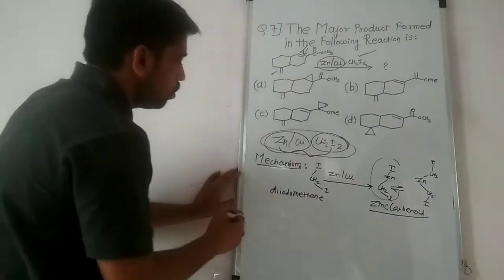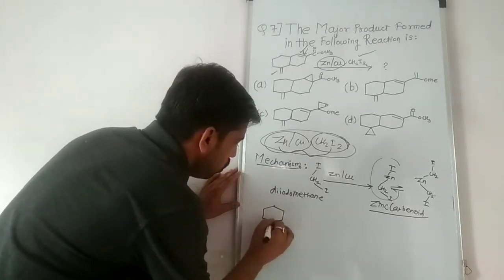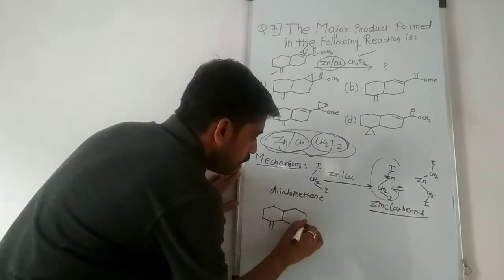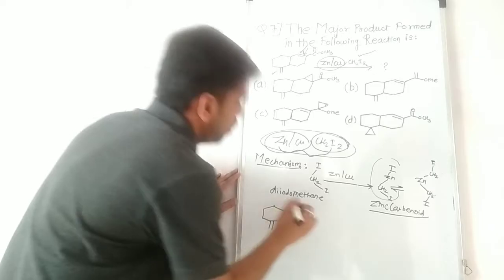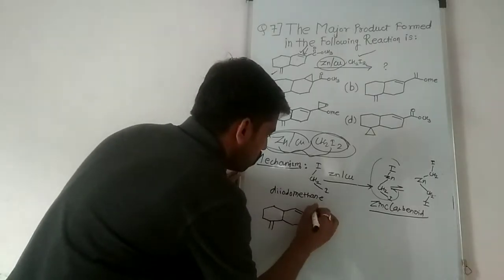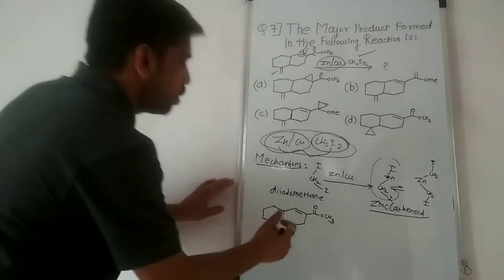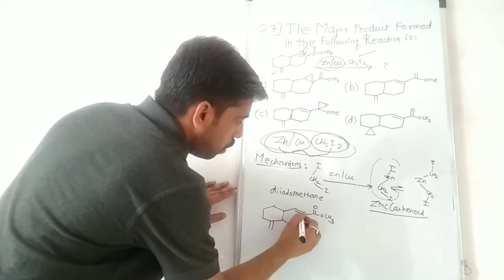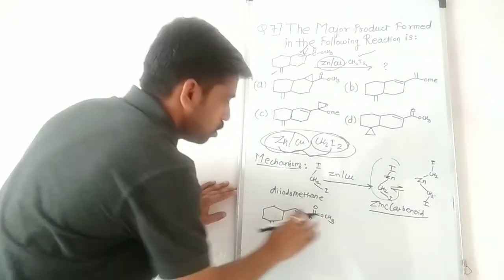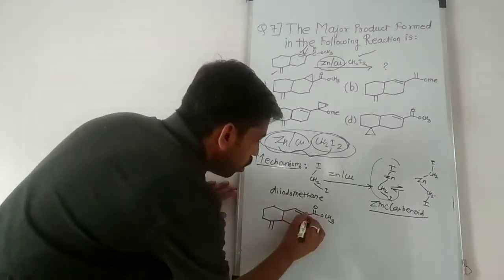Now which double bond reacts? There is a chemoselectivity of the Simmons-Smith reaction. Now look at these two double bonds. This is the alpha beta system and this double bond is in conjugation, so it is a less electron rich double bond.